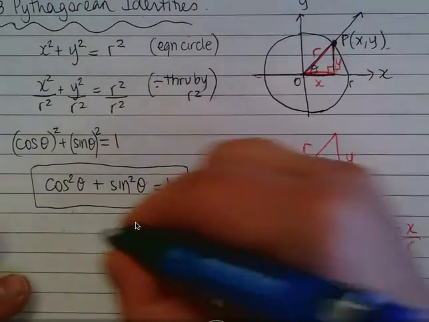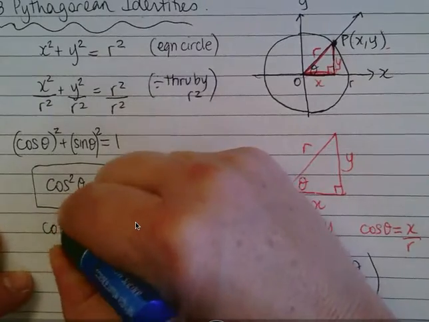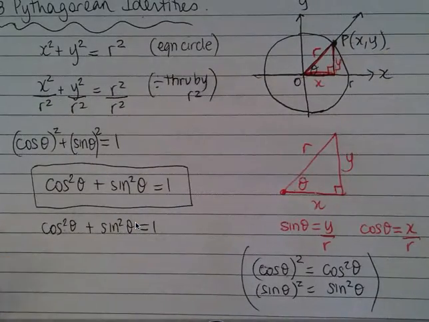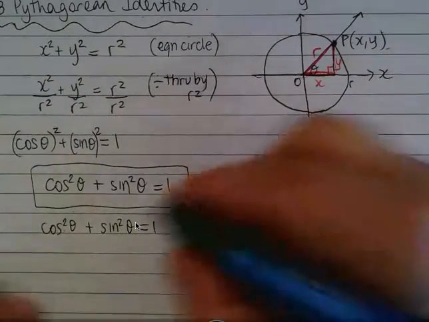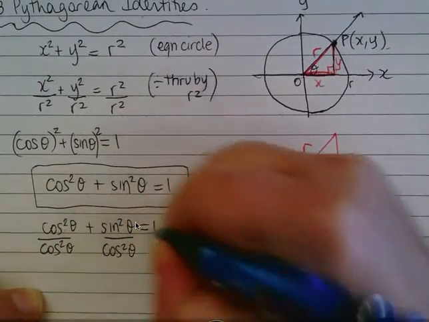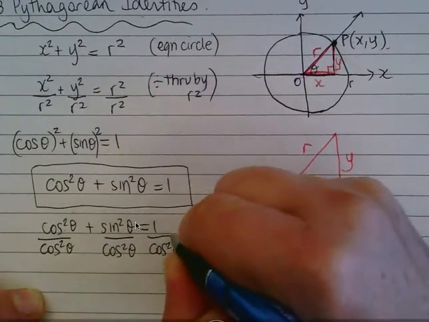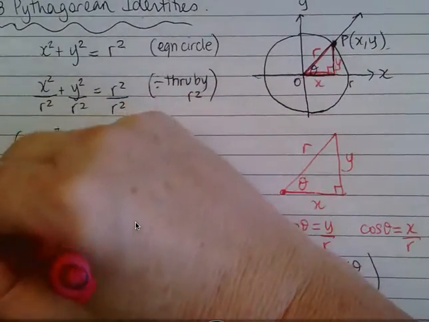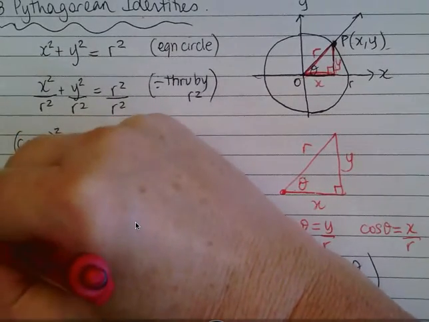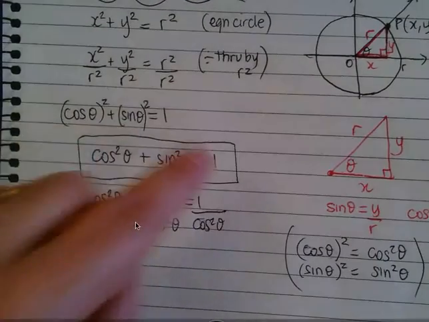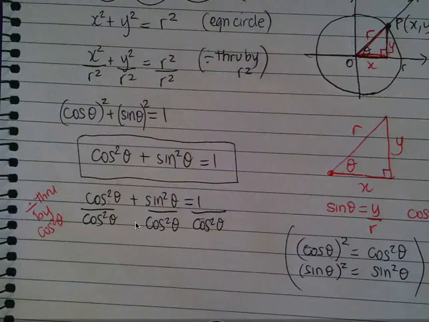So to get the other two, all we do is divide. If I start with that again, I'm going to divide everything by cos squared theta. So from the first identity, we can derive the other two identities. This is the one you learn: cos squared theta plus sine squared theta is 1.